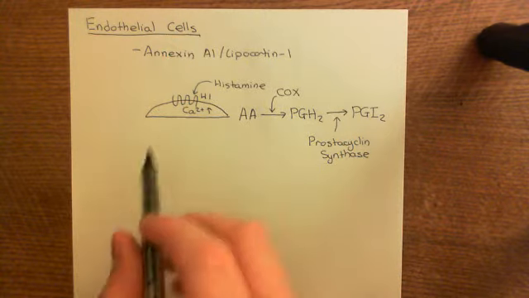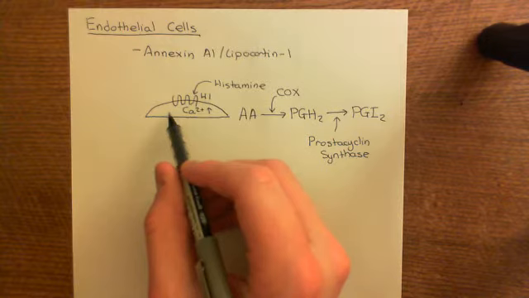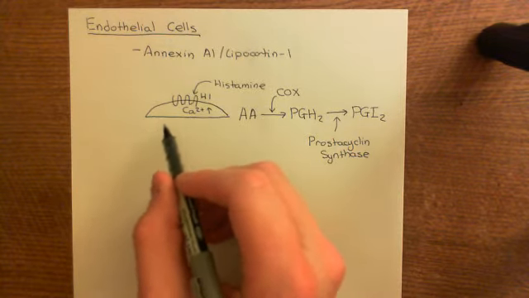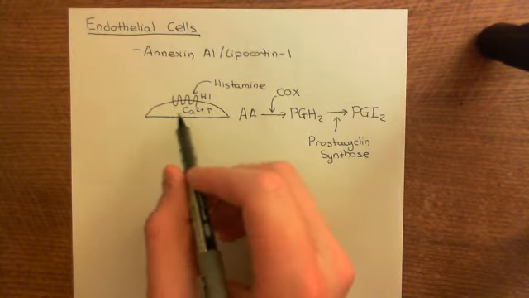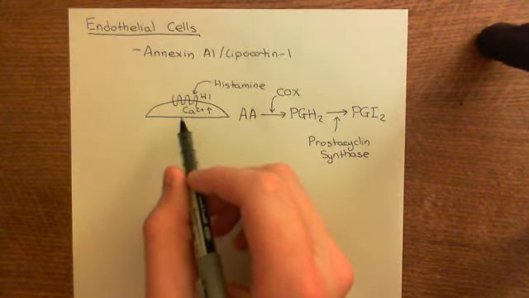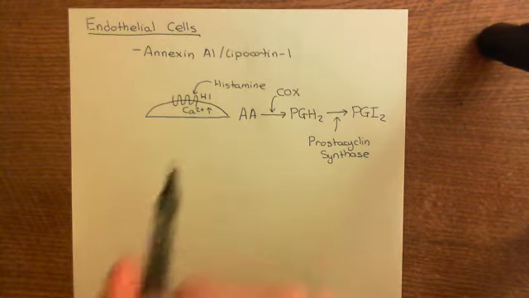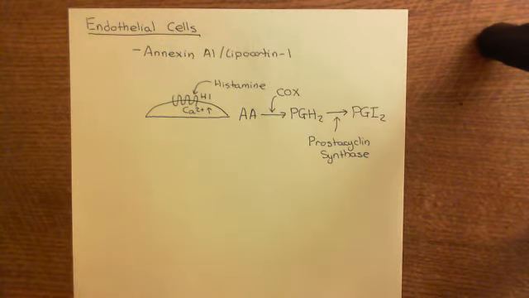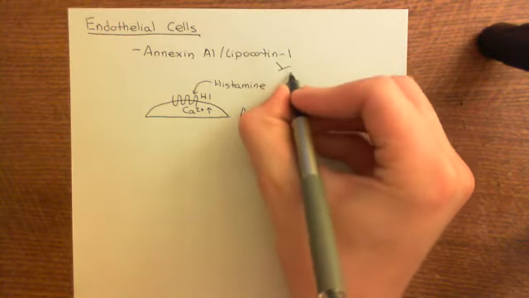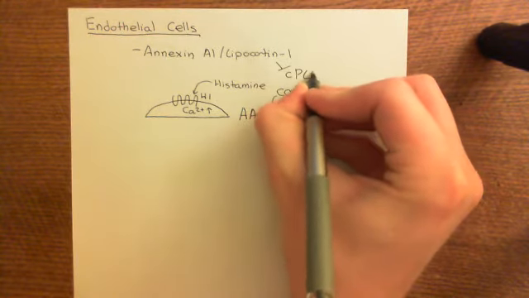And this prostaglandin I2 will be released by these endothelial cells, and this is what then causes relaxation of the smooth muscle cells surrounding the terminal arterioles, and therefore leads to the vasodilatation of the terminal arterioles. So, if you increase annexin A1 or lipocortin 1 within these endothelial cells, you're going to inhibit that cellular phospholipase A2. Okay, so these inhibit cellular phospholipase A2.